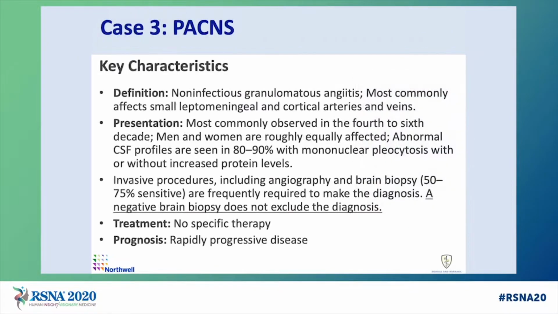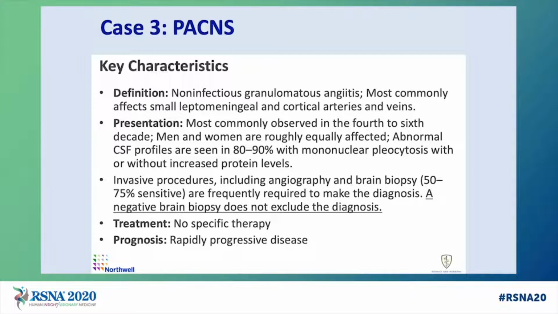Let's review some key characteristics. PACNS is defined as a non-infectious granulomatous angiitis, which most commonly affects small arteries and veins. Patients most commonly present in the 4th to 6th decade. Men and women are roughly equally affected. Laboratory analysis reveals abnormal CSF profiles with mononuclear pleocytosis with or without increased protein levels.